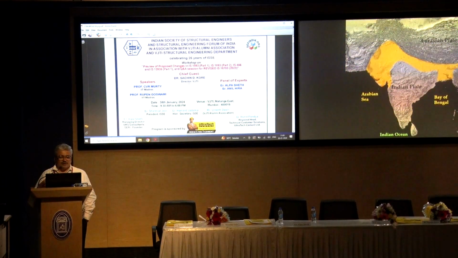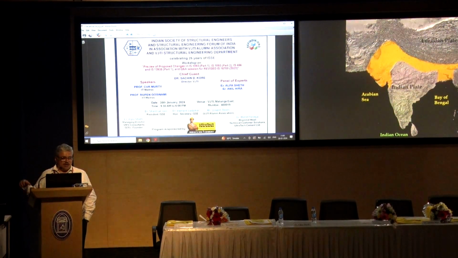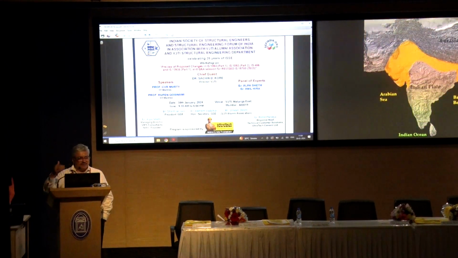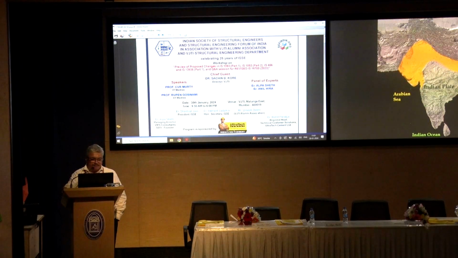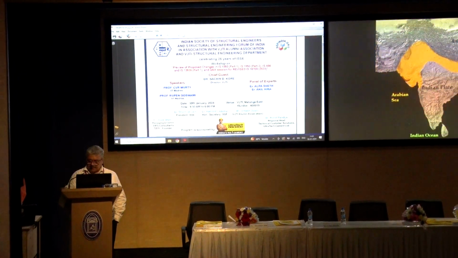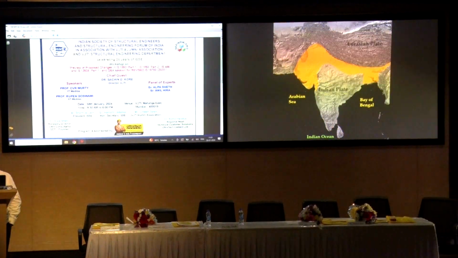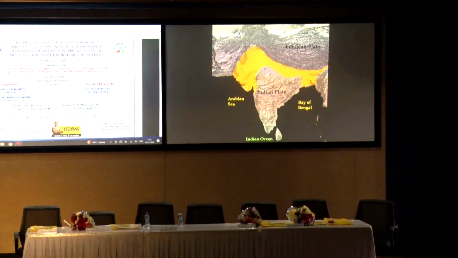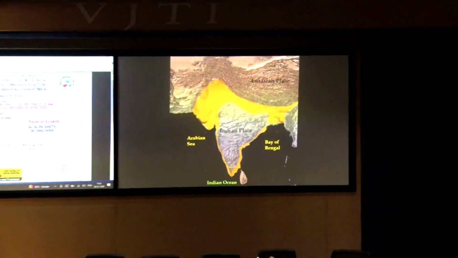So essentially, if you look at it, we have a huge sediment belt, we have the convergent plate boundary, we have the river deltas, we have the Indian shield region, and then we have the Eurasian plate. So essentially, the Indian plate is colliding with the Eurasian plate.